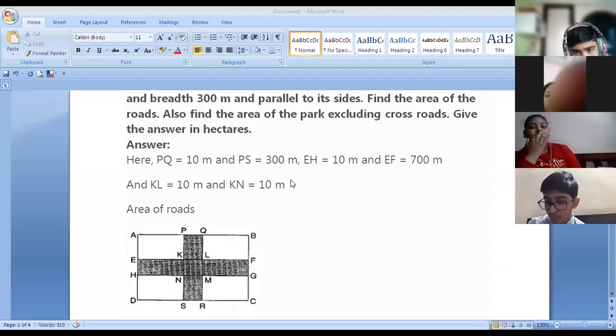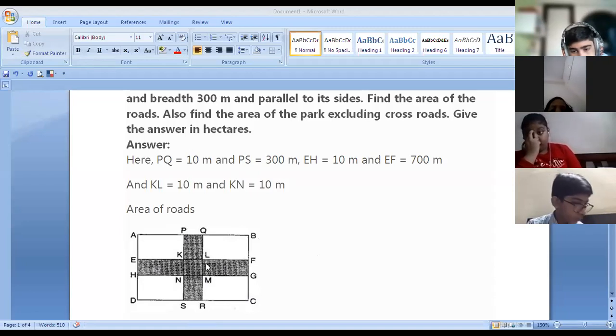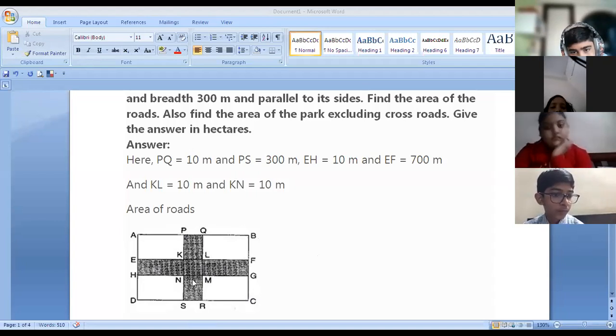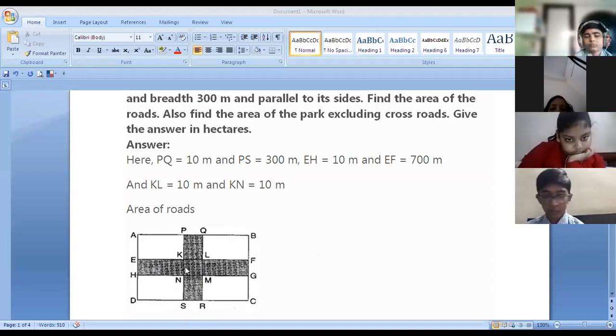So first of all, this PQSR is one crossroad. EHFG is the second crossroad, and KLMN is a square in between, which is common to both the rectangles. Both crossroads are passing through the square, so we have to subtract it.